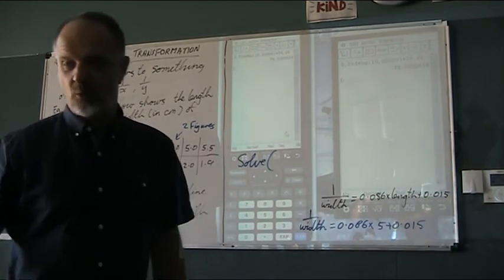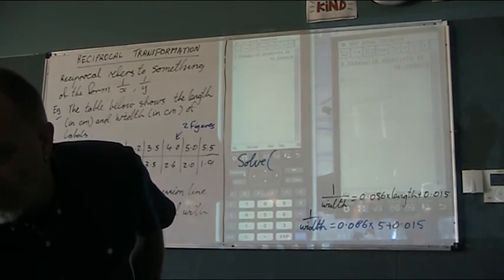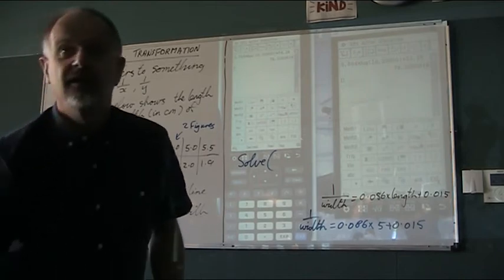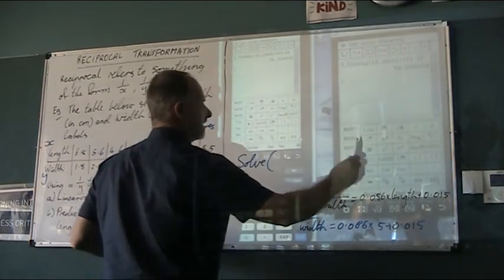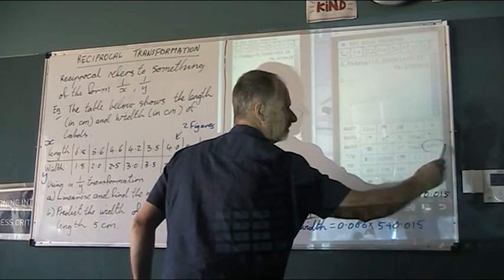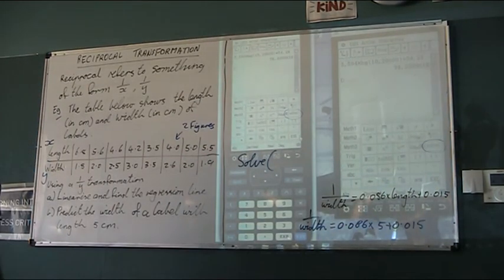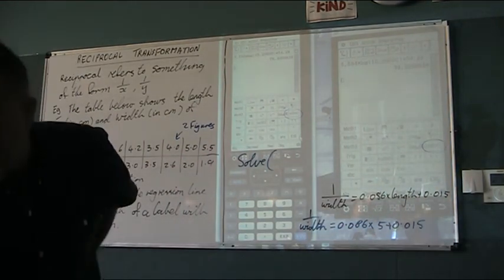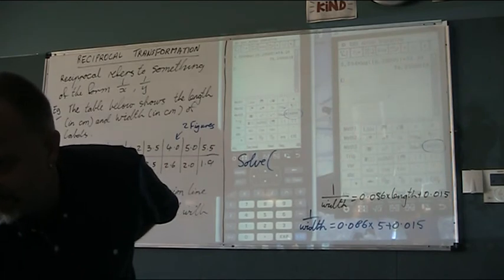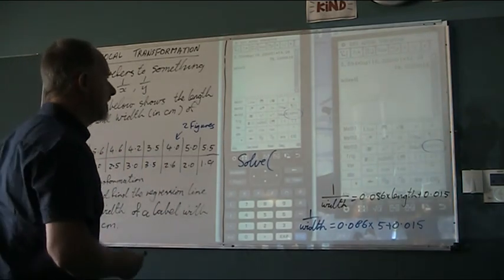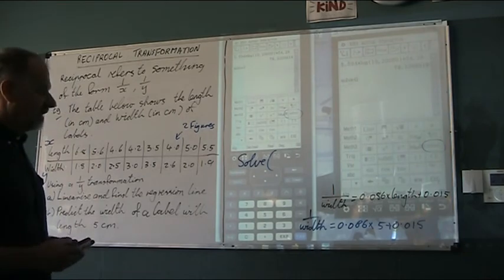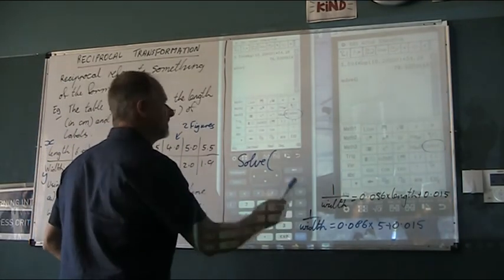Now, there's a few different ways to find that solve. One of them is to go to your keyboard, and there it is here on the keyboard. So you click on that, and then this is what comes up, solve. What do we then do? 1 over the width.